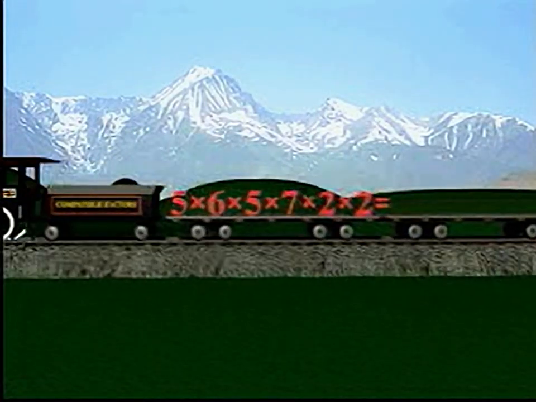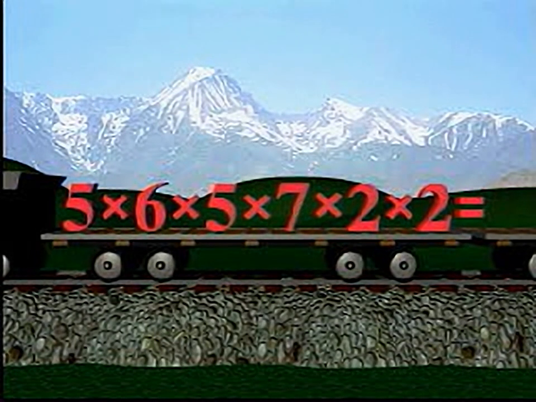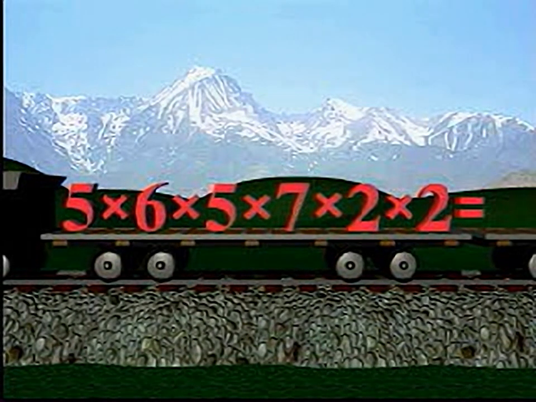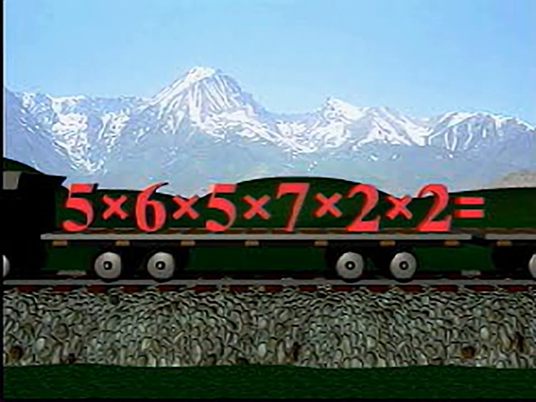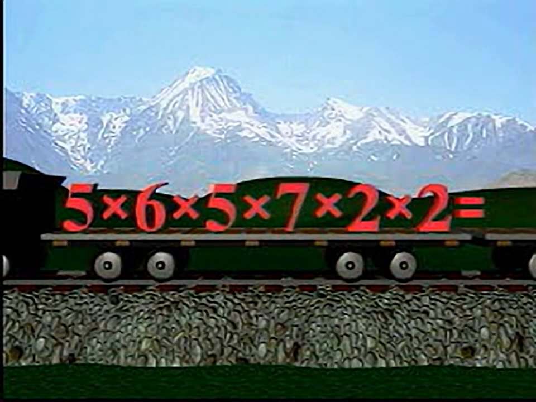Here's a problem to see how it works. 5 times 6 times 5 times 7 times 2 times 2. If you tried to multiply each factor in your head as you come to it, you'd probably give up. But if you watch for the compatible numbers and multiply them first, the intermediate answers are much easier to work with.